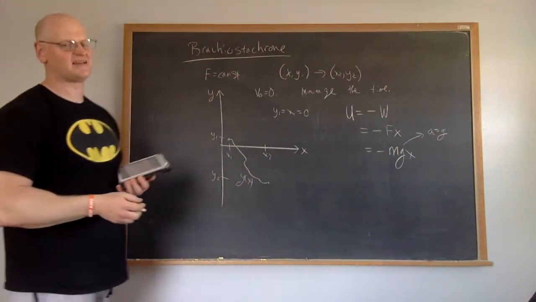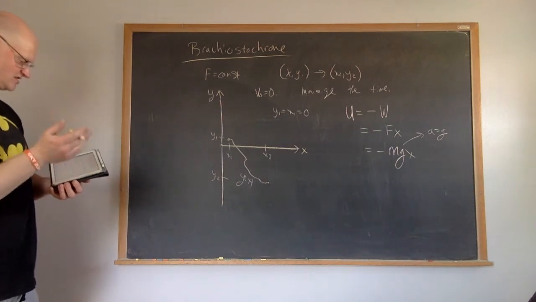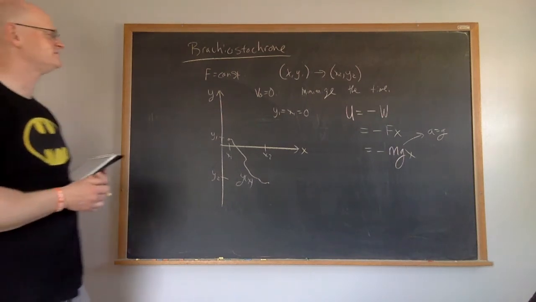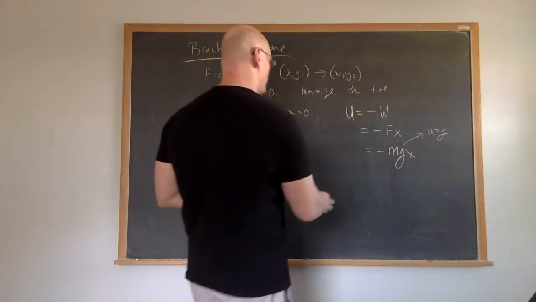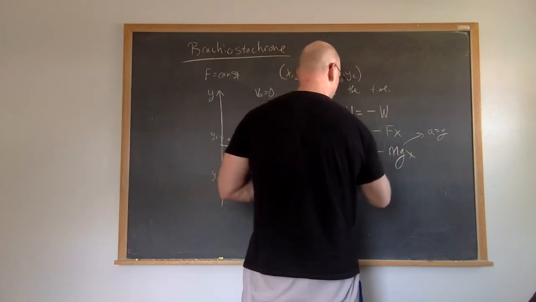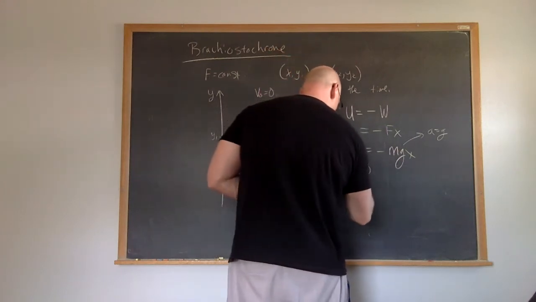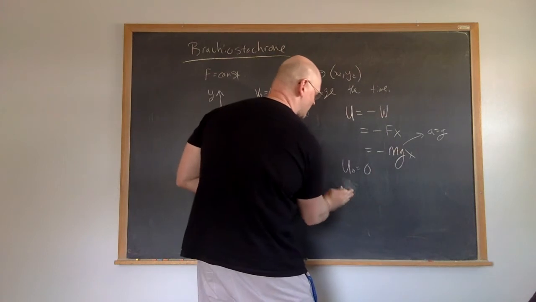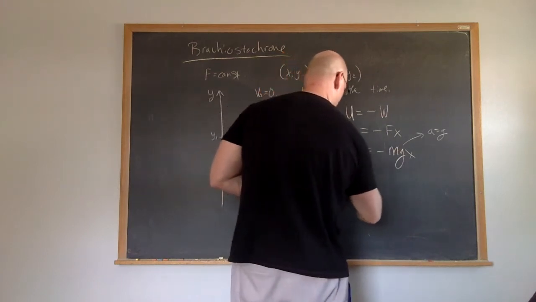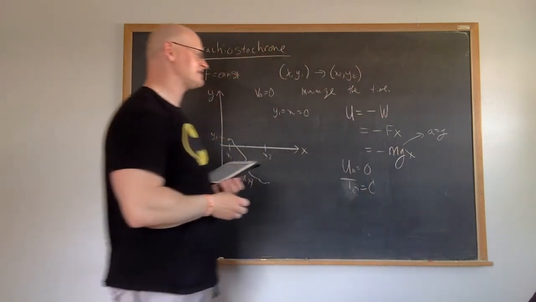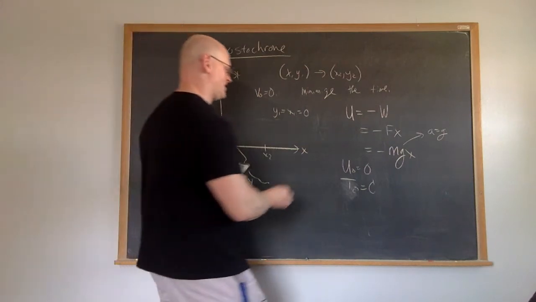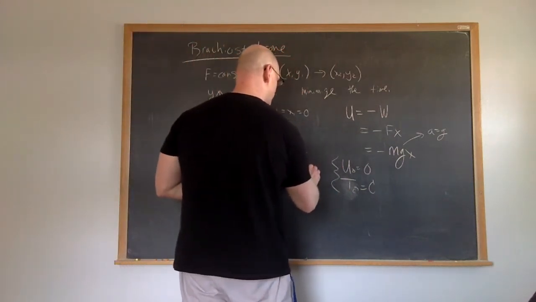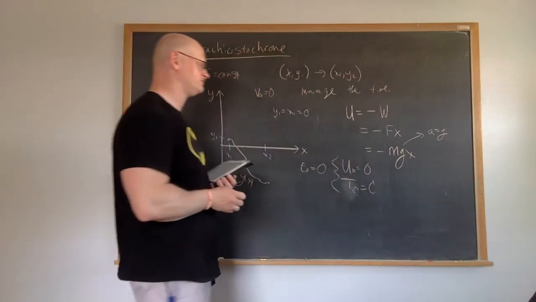Not necessarily does this have to be the acceleration due to gravity, it's just some acceleration. So again, what we know is that the initial potential energy is simply equal to 0, and we know the initial kinetic energy, sorry, we call that T, is also equal to 0 since this object is not moving initially, which means that the initial energy must also be equal to 0.